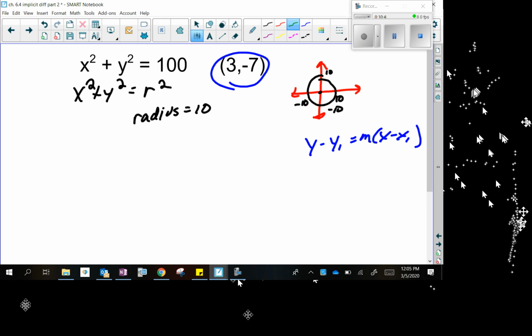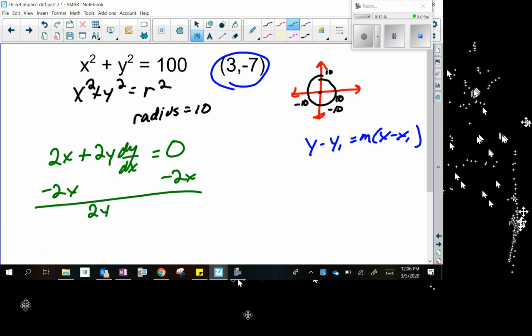So x squared, take the derivative, becomes 2x. y squared, take the derivative, becomes 2y dy dx. And 100 turns into 0. Now we solve for dy dx. We subtract 2x, we get 2y dy dx equals negative 2x.